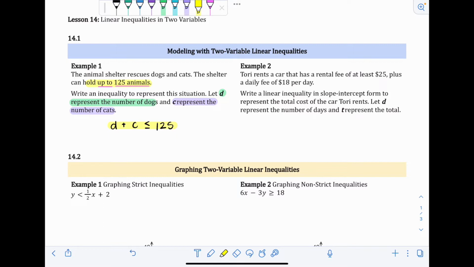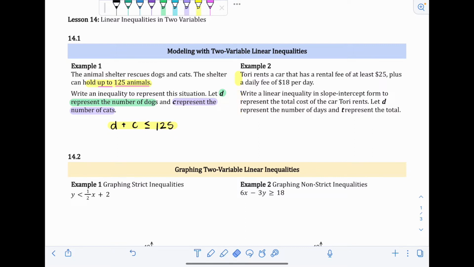And then example 2, Tori rents a car that has a rental fee of at least $25 plus a daily fee of $18. Write a linear inequality in slope-intercept form to represent the total cost of the car Tori rents. Let D represent the number of days and T represent the total.